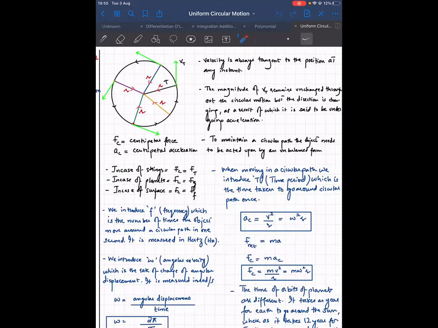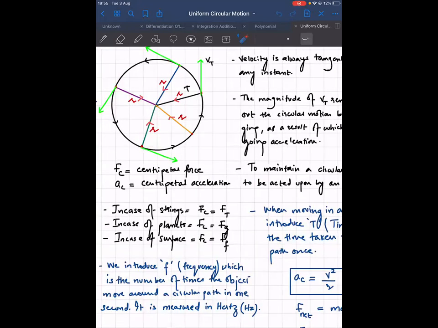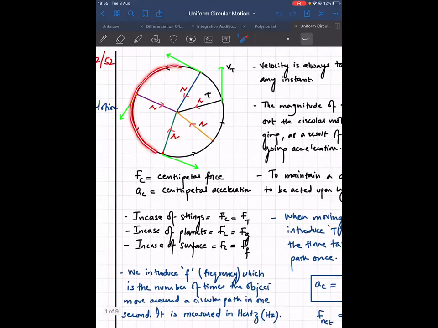अच्छा, now one thing that you always have to keep in mind is that whenever an object is moving in a circular motion, you're going to have the object at different positions at different instants. यानी हर instant पे आपके पास जो position होगी object की वो different होगी. अभी इधर है, अगले किसी instant पे इधर होगा, फिर इधर होगा. तो हर लम्हे जो आपकी position है object की वो change हो रही है.